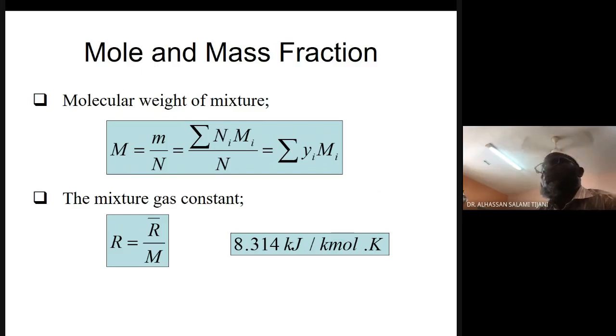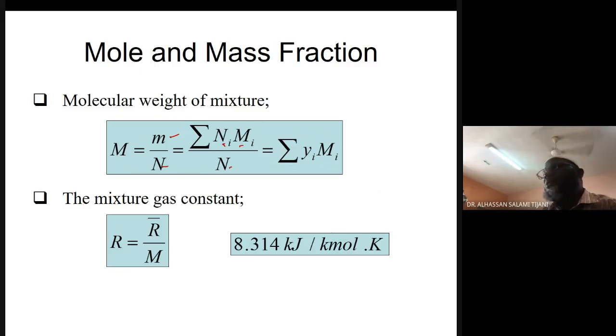When you want to find the molecular weight of a mixture, it is denoted as the mass of that mixture divided by the number of moles of that mixture. So if you have a mixture of carbon dioxide and nitrogen, you can find the sum of the individual number of moles and the mass of that substance divided by the total number of moles.